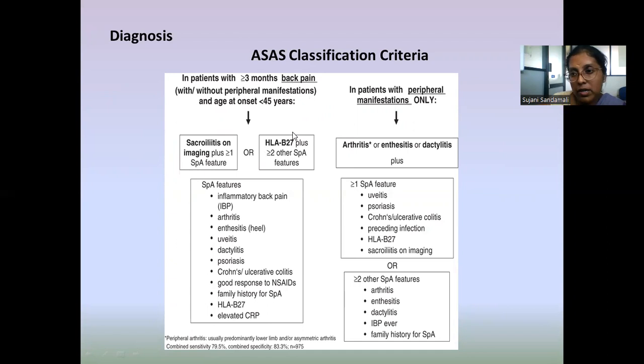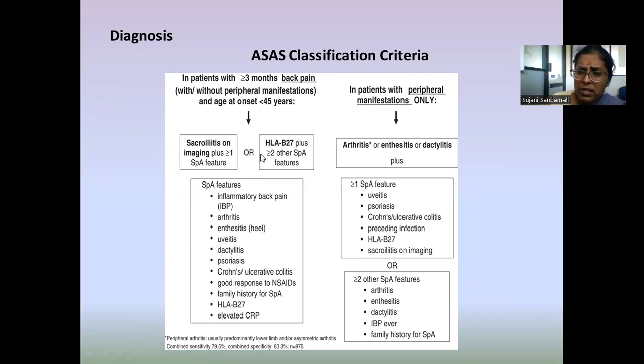If this criterion is fulfilled, then you have to see the evidence of sacroiliitis on the radiography, which is the SIJ. If that is there, you have to see more than one feature for SpA. Under this, there are multiple features of spondyloarthritis.